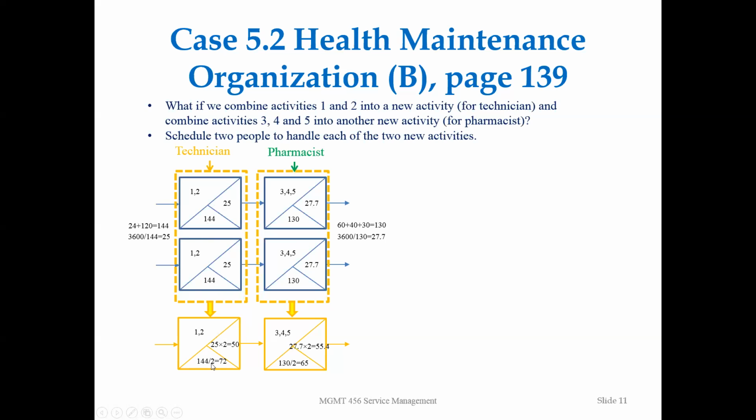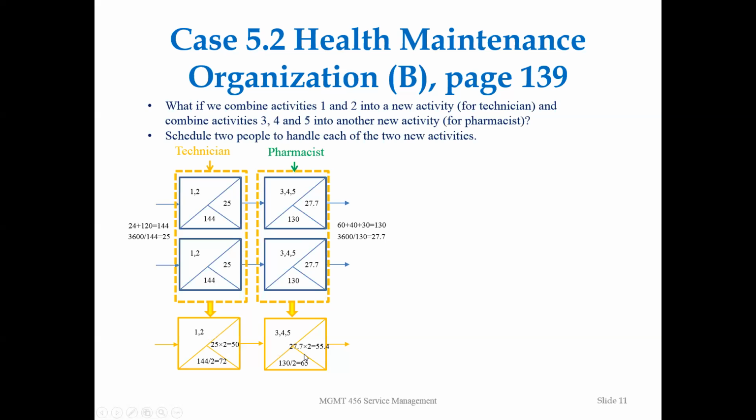Now we have 2 people, it's faster. The cycle time will be shorter. So the new cycle time is 144 divided by 2, we have 72 seconds. With 2 people, capacity will be doubled. So it's 25 times 2, which is 50. So new capacity is 50. These 2 rectangles are equivalent to this new rectangle.